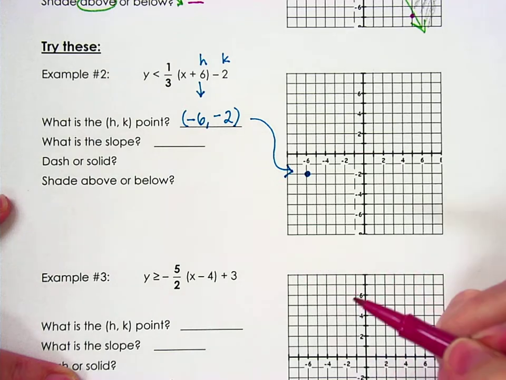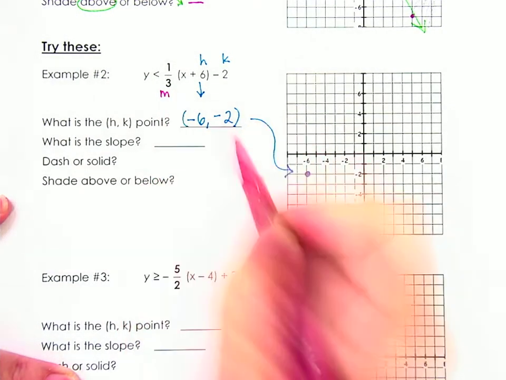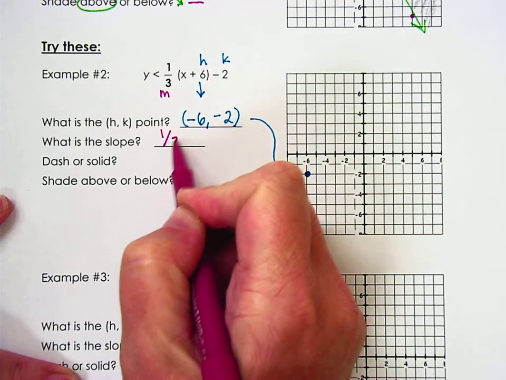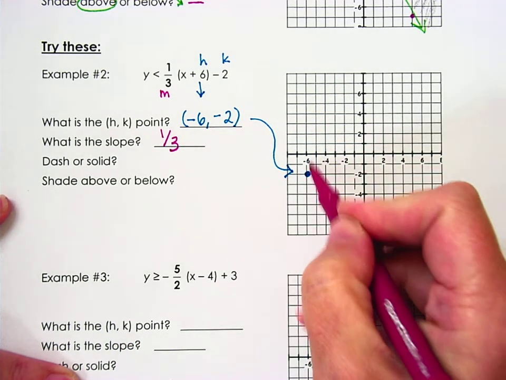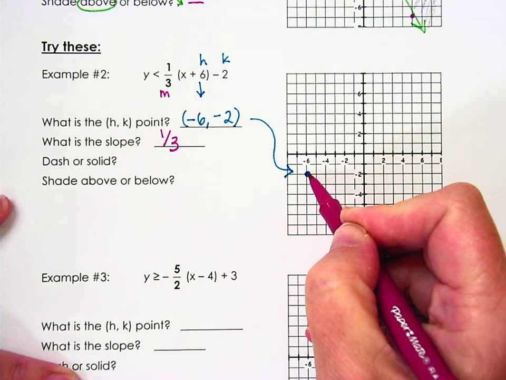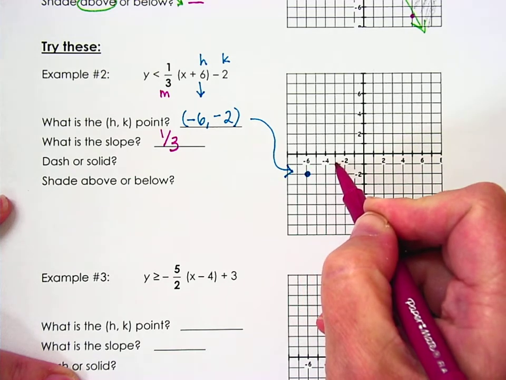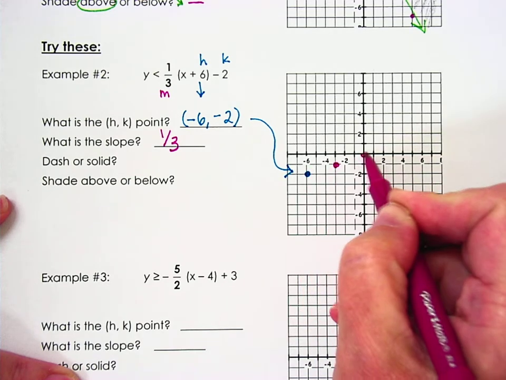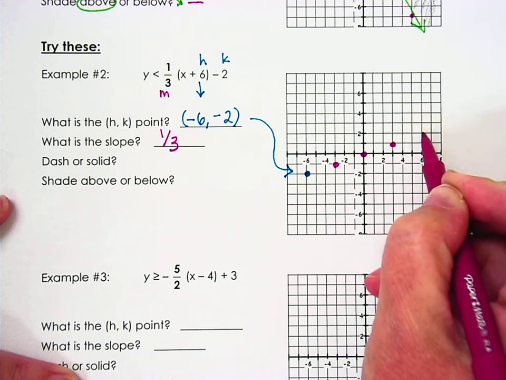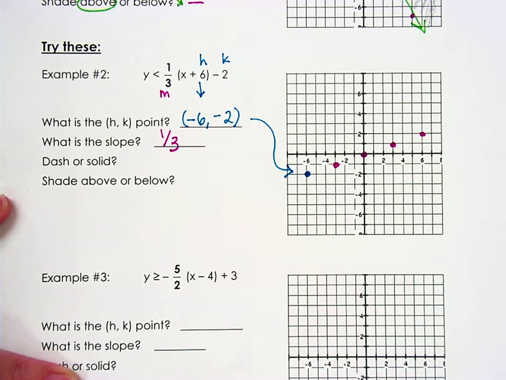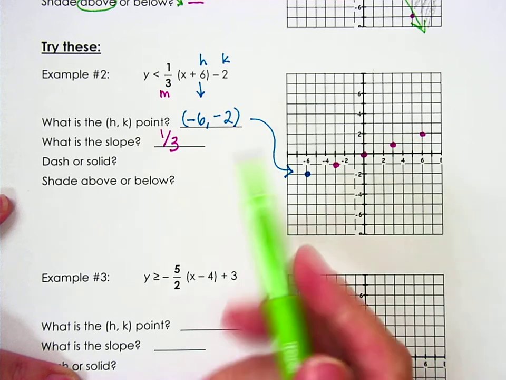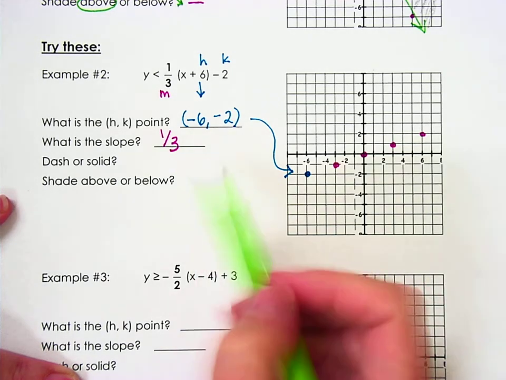From there, I identify the slope. This time my slope is 1/3. So I'm going to count rise over run from this original point that I just created here. Up 1 over 3, up 1 over 3. Now I have to determine what type of inequality this is.